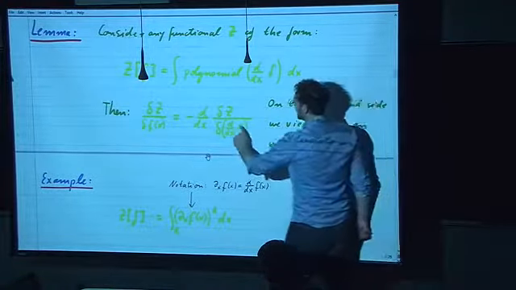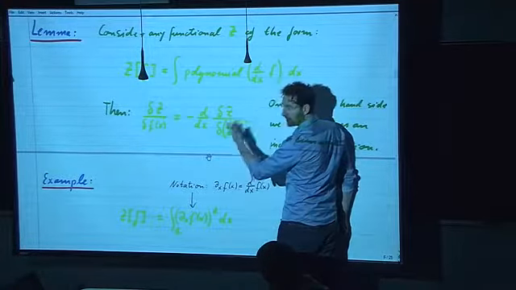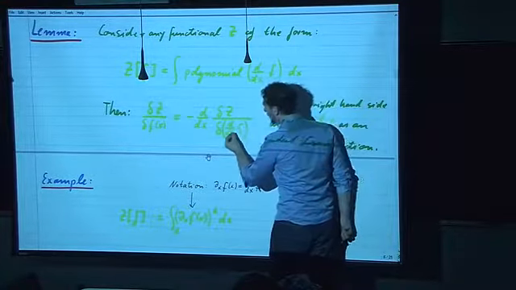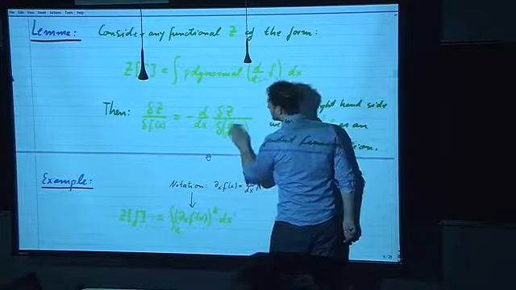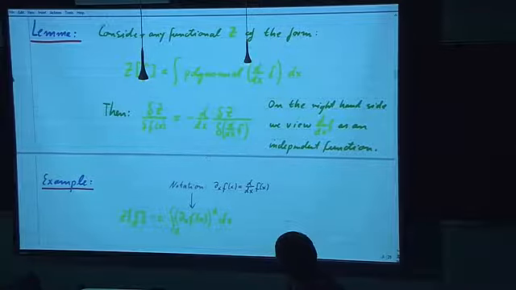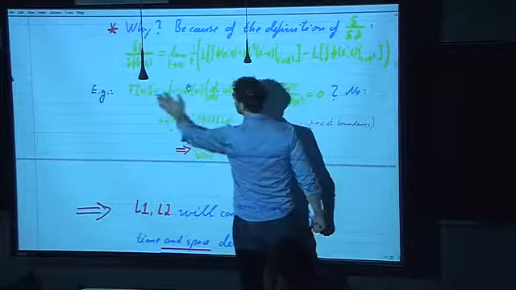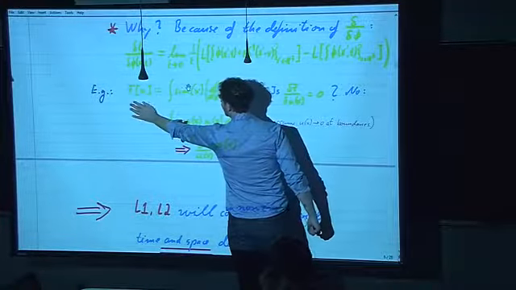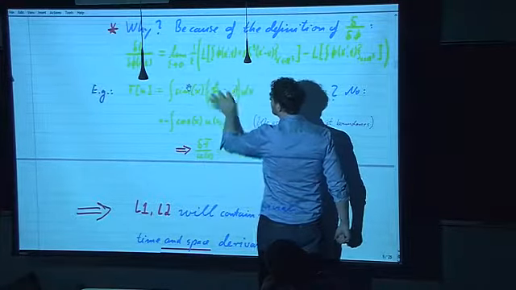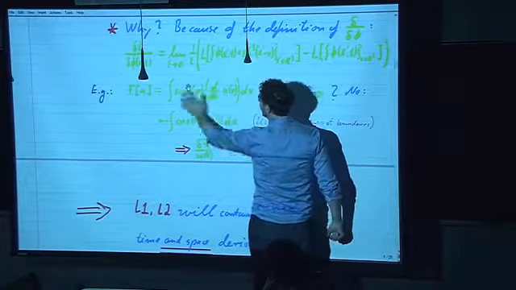Which means that this notation means use the usual Newton-Leibniz formula for functional differentiation, but don't functionally differentiate with respect to f, but with respect to d by dx of f. And clearly this is what would work in this case, right? What it says is that if you want to functionally differentiate this with respect to u, what you can do is functionally differentiate it with respect to the derivative, and then of the outcome, you still have to take the derivative.